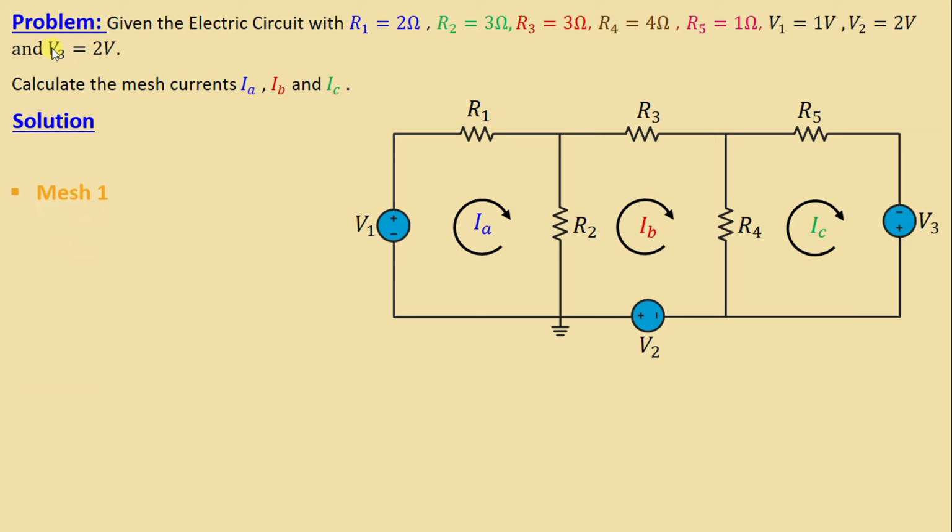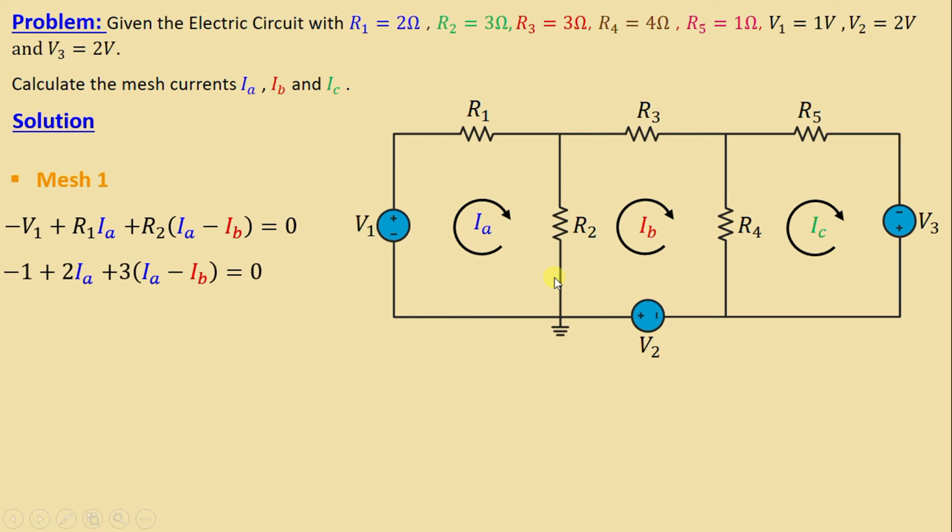Let's start first with mesh 1. By applying Kirchhoff's voltage law in mesh 1, we can write negative V1 plus R1 IA plus R2 (IA minus IB) is equal to 0.